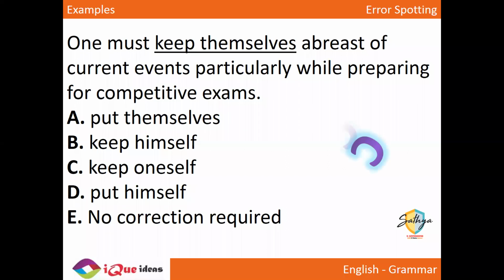So one must keep oneself abreast of current events, right? आगे one यूज किया है तो one के सामने oneself ही आएगा. One के सामने themself, himself कोई और नहीं रख सकते. You have to keep it the same format. I के साथ myself यूज करूंगा तो one के साथ oneself यूज करना जरूरी है. I think basic rule, everybody should know this one.